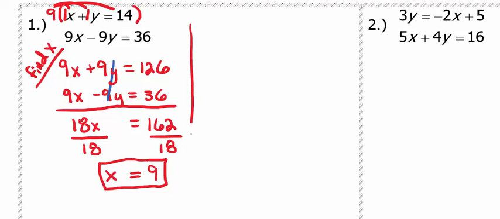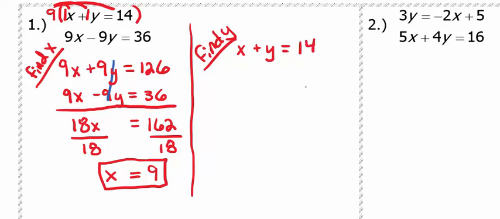Now, as we've been doing in class, let's find y. In order to find y, I like to use the original equations. Either equation will work. I'm going to use the first equation. If you recall, it was x plus y equals 14. If I were to replace the x with a 9, I would have 9 plus y equals 14, and subtract the 9 so we can isolate y.